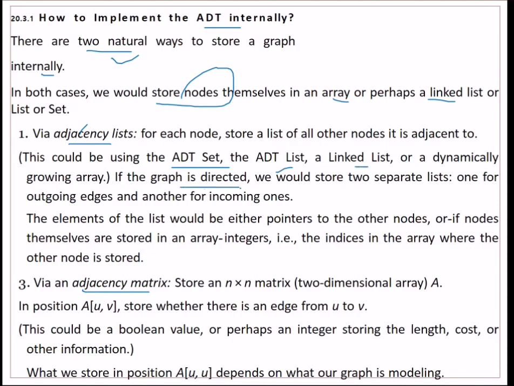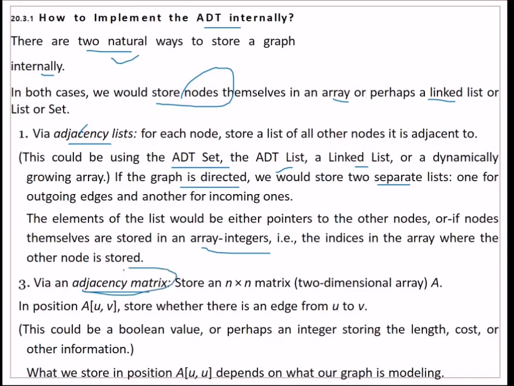If the graph is directed, we would store two separate lists, one for outgoing edges and another for incoming edges. The elements of the list would be either pointers to other nodes, or if nodes themselves are stored in an array, integers, that is, the indices in the array where the other nodes are stored.